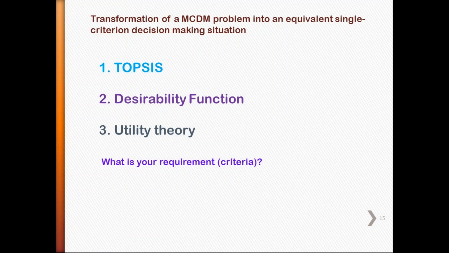If it is subjective data, these techniques are integrated with fuzzy set theory or gray set theory or vague set theory, and you can apply in fuzzy based decision making or vague set based decision making, like that.